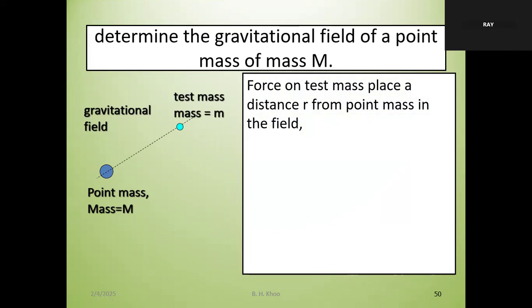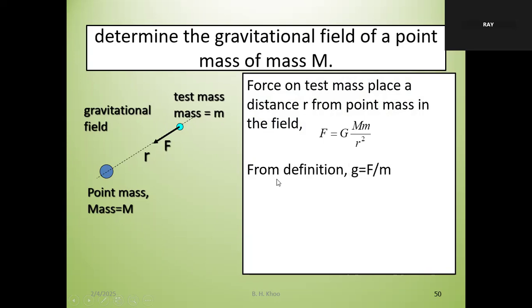Gravitational field, we want to measure the field strength. We put a test mass m there, a distance r away, and the point mass will attract the test mass with a force F. That force is given by Newton's universal law of gravitation: F equals G M m over r squared. Product of the masses, distance apart, r squared.